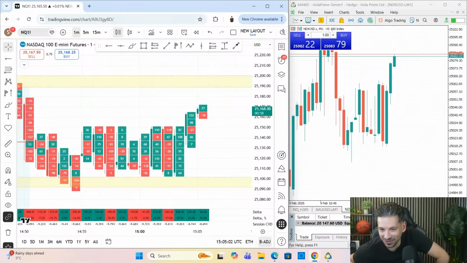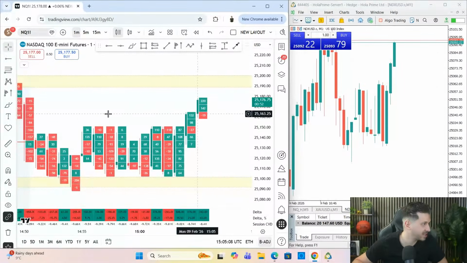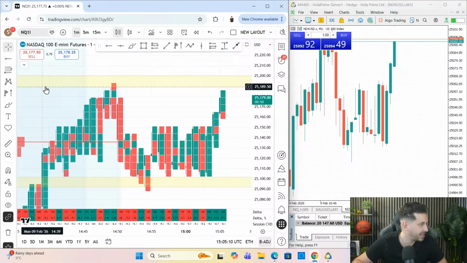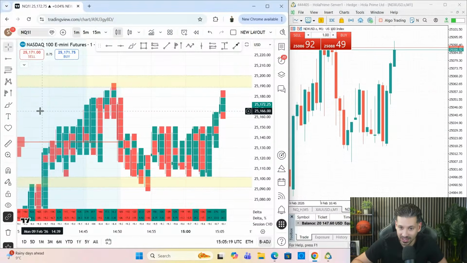Can you use volume profile and volume footprint to trade nat gas? Good question. Volume profile, 1,000,000%. Nat gas is, on the futures side, you absolutely could. I'll be honest with you, I've never traded natural gas. Never even opened up the chart in my life. So I have no idea how good it is.